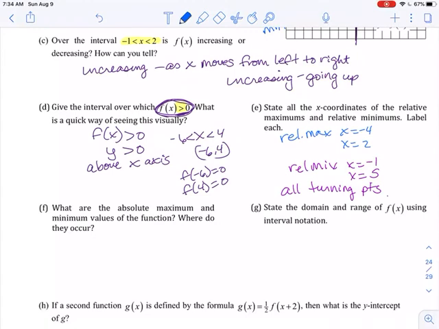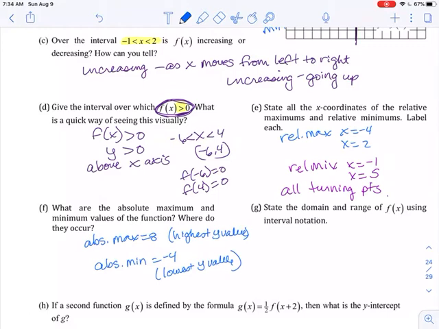All right, so my absolute max equals 8. It's my highest y value. And my absolute min is -4. It's my lowest y value.